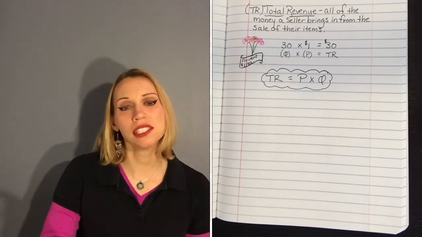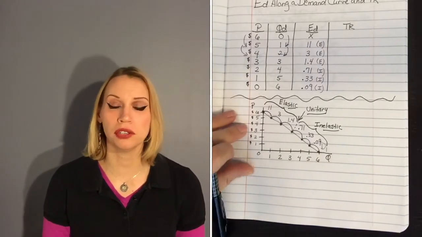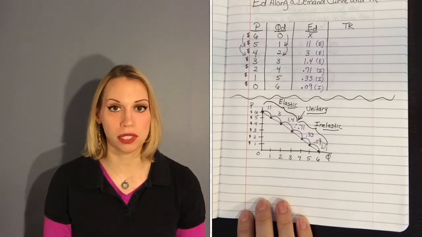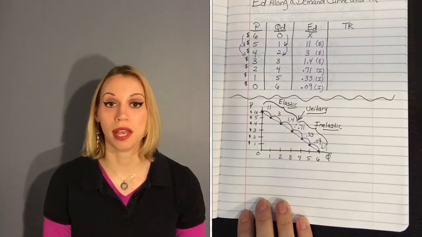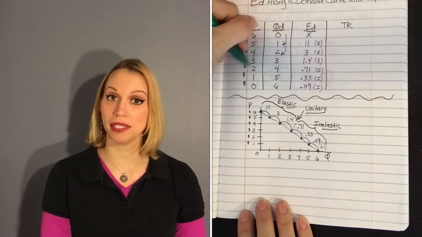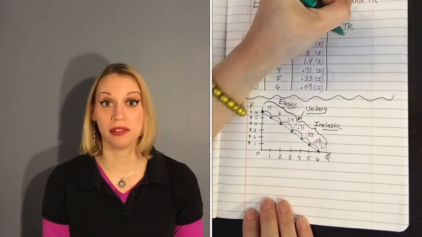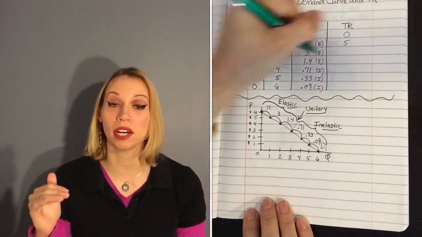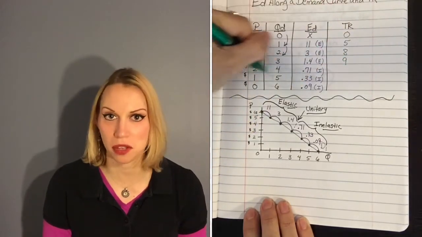Well, let's go back to the numbers in our chart and let's figure out what the total revenue values are in this chart. Now, for total revenue, all you need to do is multiply your price times your quantity. And notice in our chart, we have that information. So we're going to multiply our price column times our quantity column, and we're going to get our total revenue values. Now check it out. As we start going through and finding our total revenue values, you're going to start to notice a pattern developing.